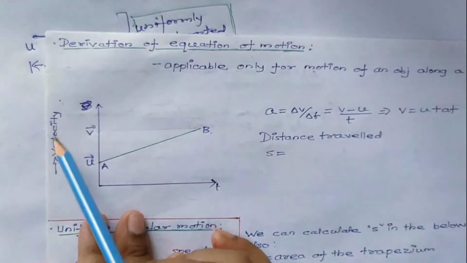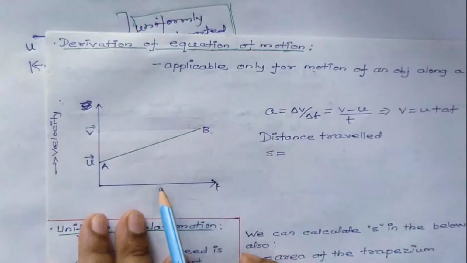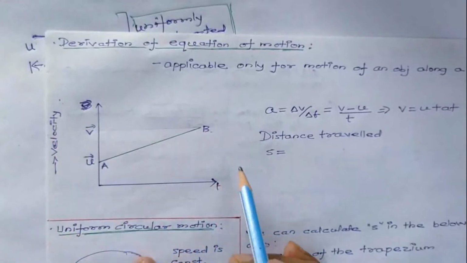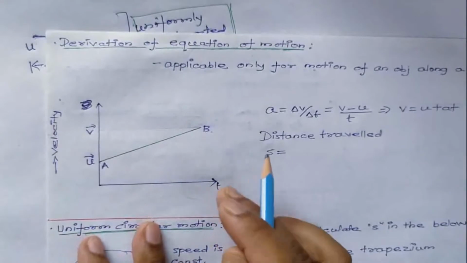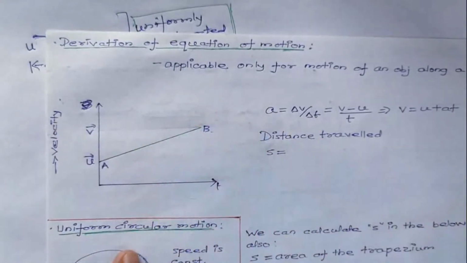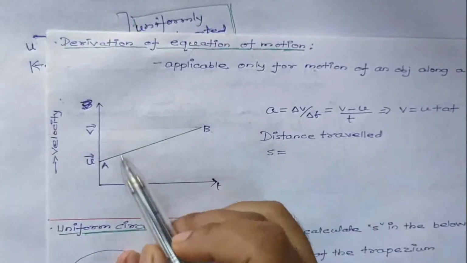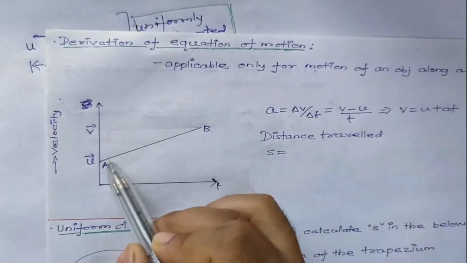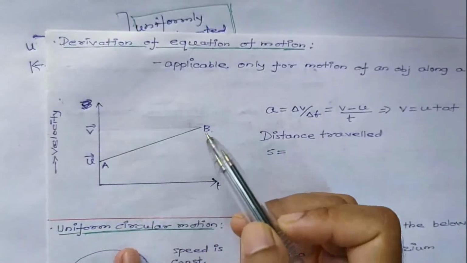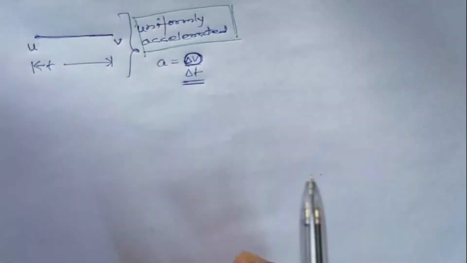Along the y-axis we are taking velocity, and along the x-axis we have taken time. So if it is uniformly accelerated, then the graph will be a straight line. Agree?